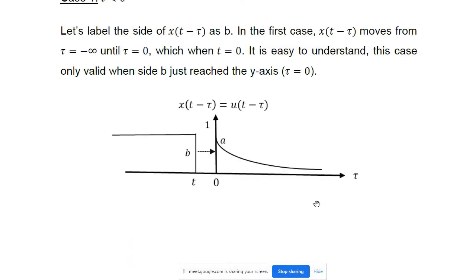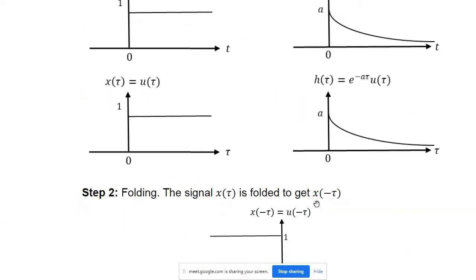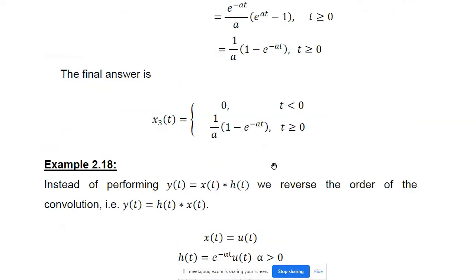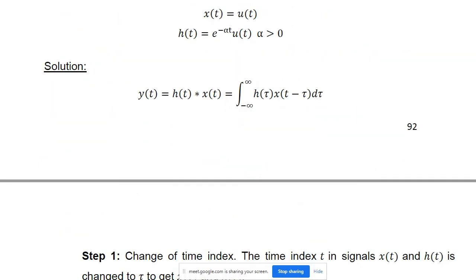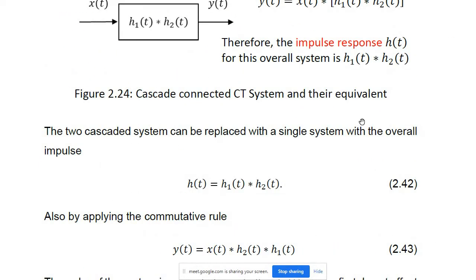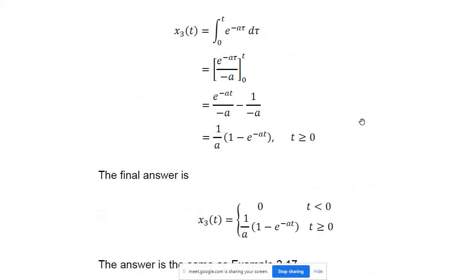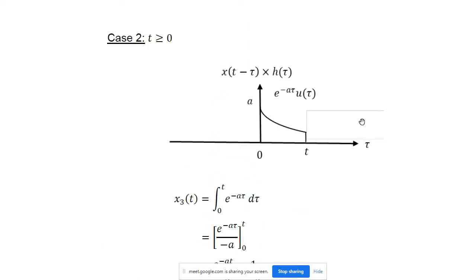Same as the previous one or not? Okay, you check. Okay, this one. It's the same, right? So what is meant by this? Using this example, even if you flip h(tau) convolute with x(tau) or x(tau) convolute with h(tau), you will get the same answer.